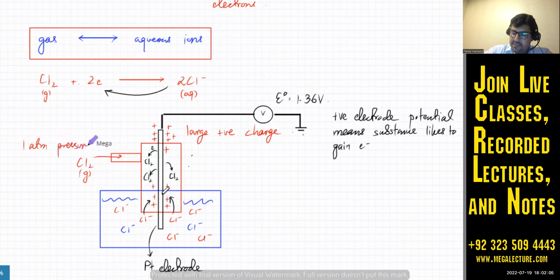And the concentration of the Cl minus ions in solution is going to be 1 mole per dm cube.